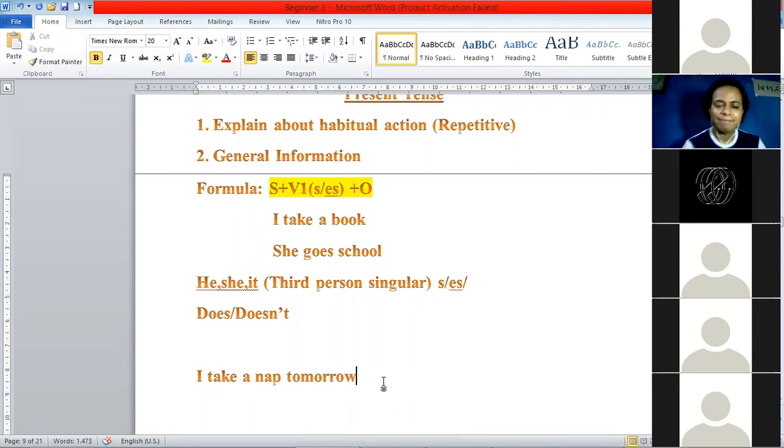It's wrong because it is for future tense. Yes, good, very good. Great job. So if there's a question like which one is the correct present tense sentence, and you have I take a nap tomorrow, I take a nap yesterday, and I take a nap every day, which one is correct? So I take a nap tomorrow, every day, or yesterday?